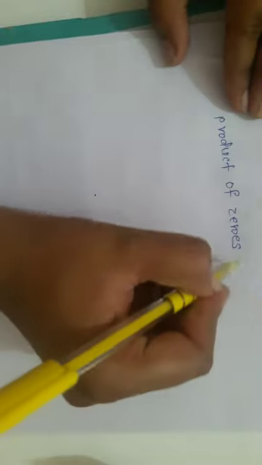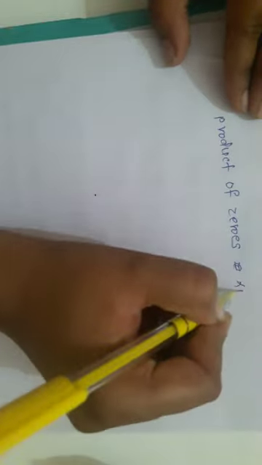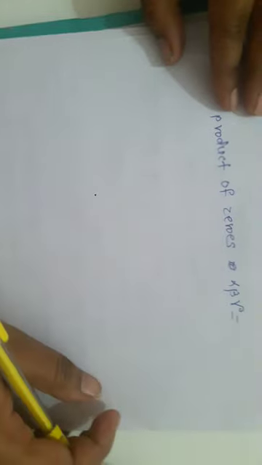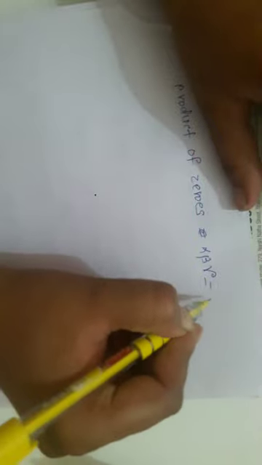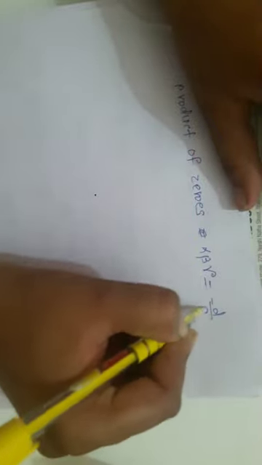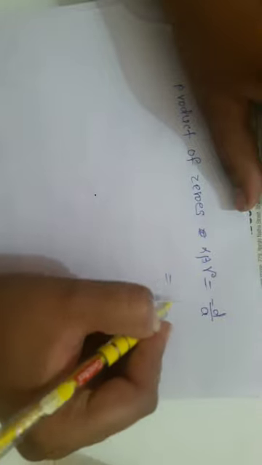For a cubic polynomial, the product of zeros is alpha into beta into gamma, because a cubic polynomial has three zeros, and it is equal to minus d upon a.